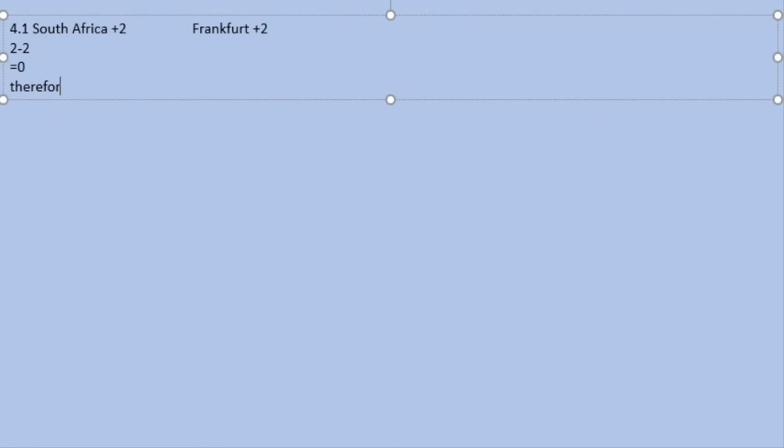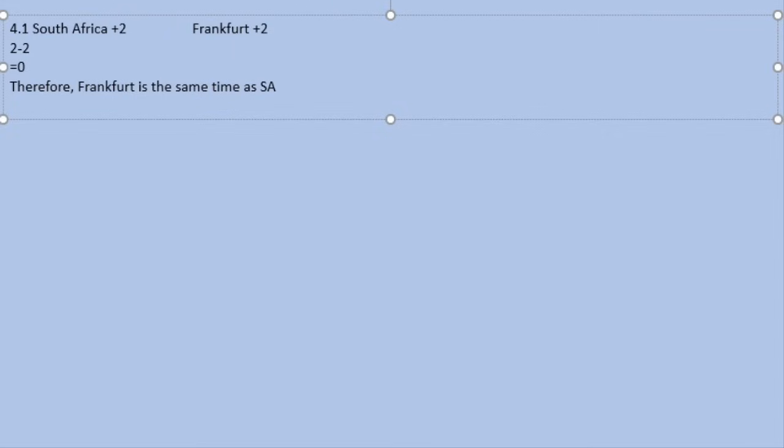So the first thing is, guys, we locate the two countries on the map, which is South Africa is a +2, Frankfurt is a +2 as well. So we say 2 minus 2 because it's the same symbol and the answer is 0. Therefore, Frankfurt is the same time as SA.